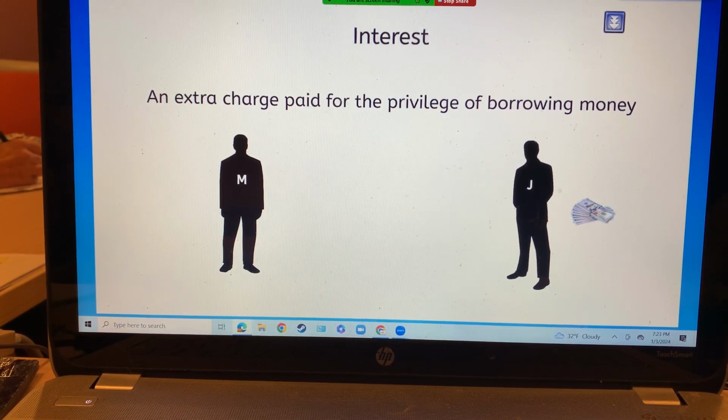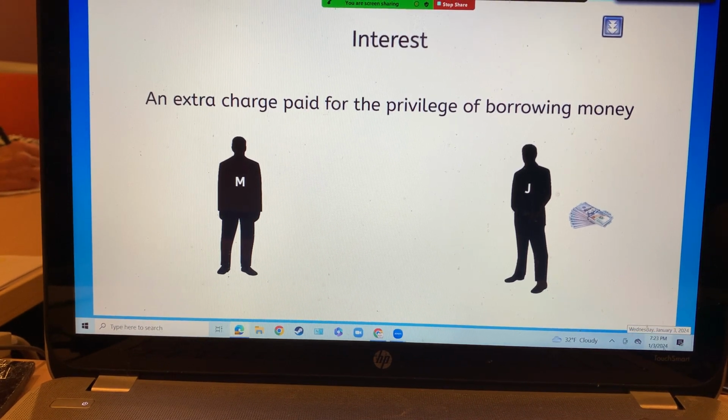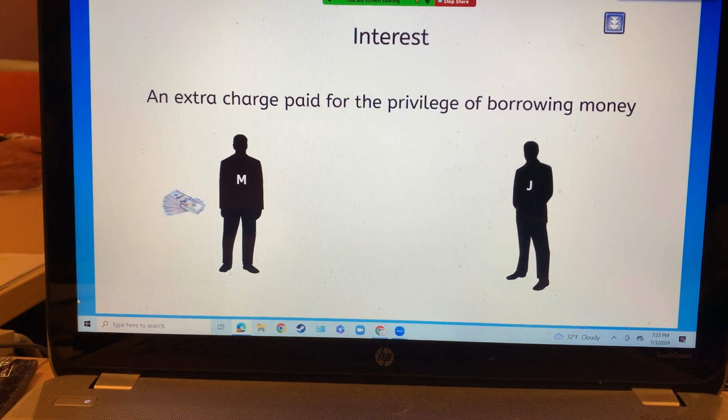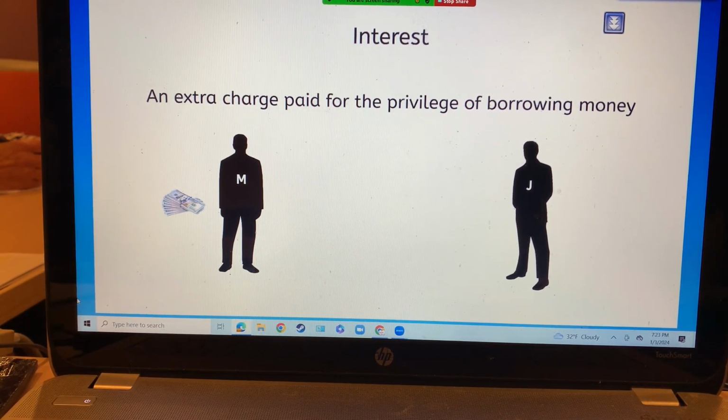Marco agrees to loan Jimmy the money, but is going to charge him interest. Jimmy will pay back Marco in small amounts until he's paid back all of the money he borrowed, plus a little extra, as thanks for letting him borrow the money. That extra amount is the interest.